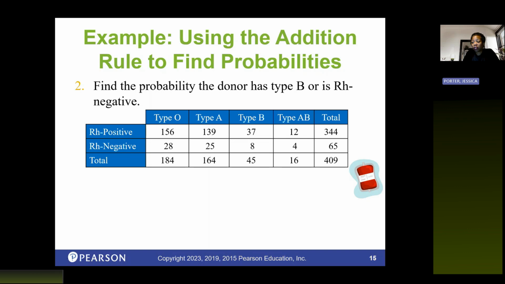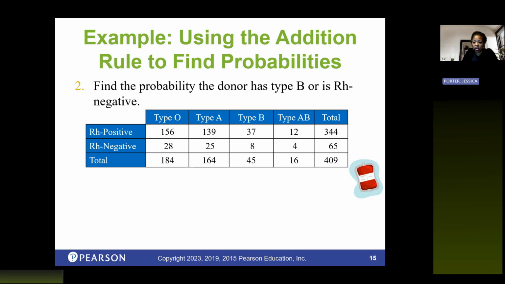Okay. Find the probability the donor has type B or is Rh negative. So Christopher, put that together for us.